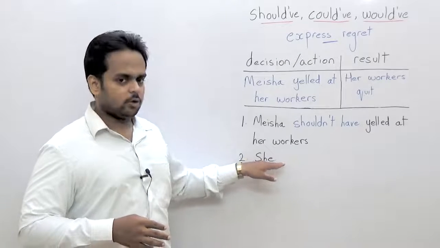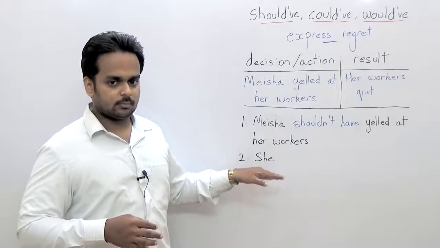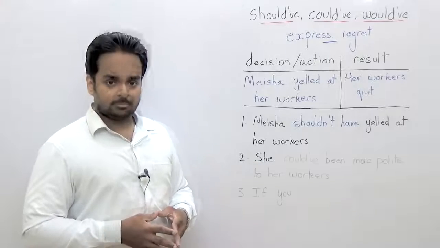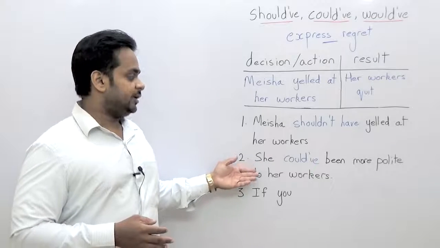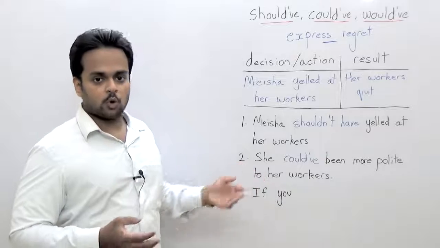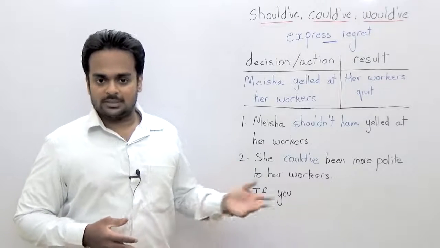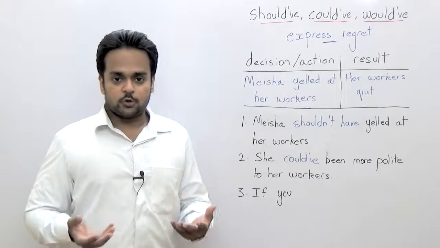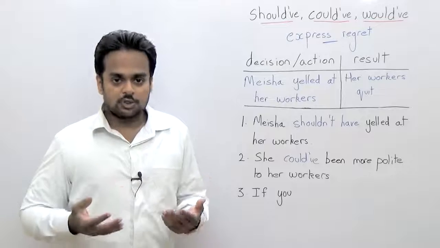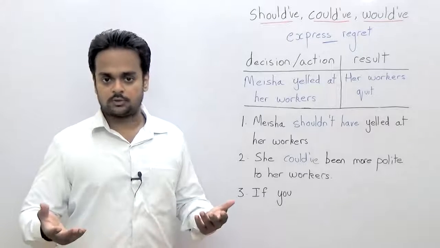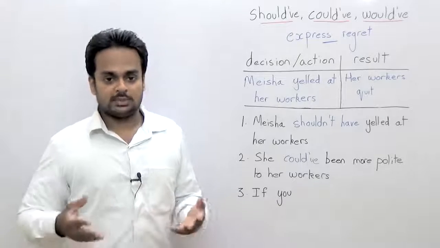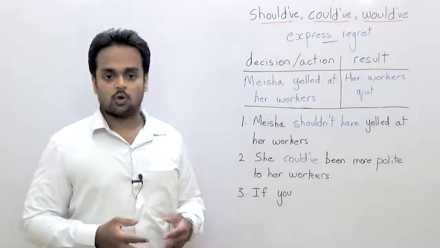What can you say with could have over here? Let's look at the answer. All right, here it is. She could have been more polite to her workers. What this sentence says is she had the opportunity. It was possible to be more polite to her workers, but she was not polite. She was yelling and screaming, and they all quit.